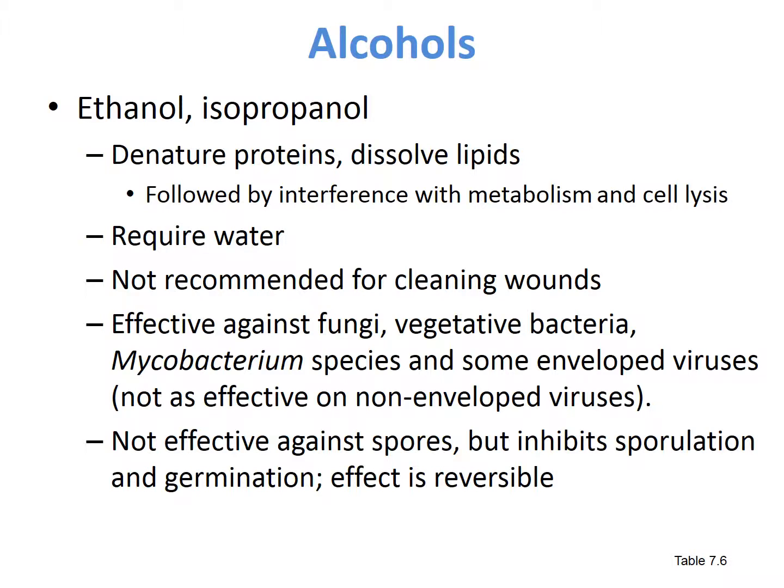Your alcohols are next. Typically, ethanol and isopropanol are used as antiseptics and/or disinfectants. Methanol is toxic and is generally not used as an antiseptic or disinfectant. The way that your alcohols work is that they denature proteins and they dissolve lipid layers.